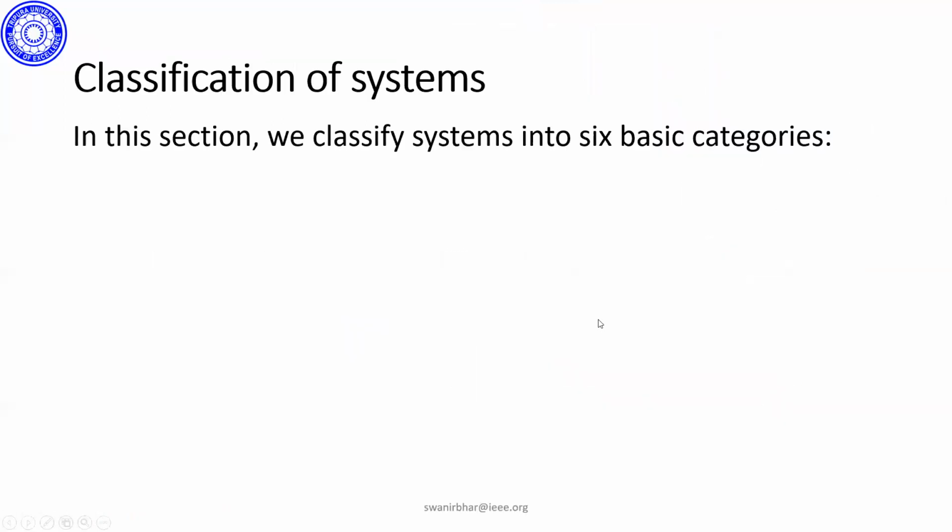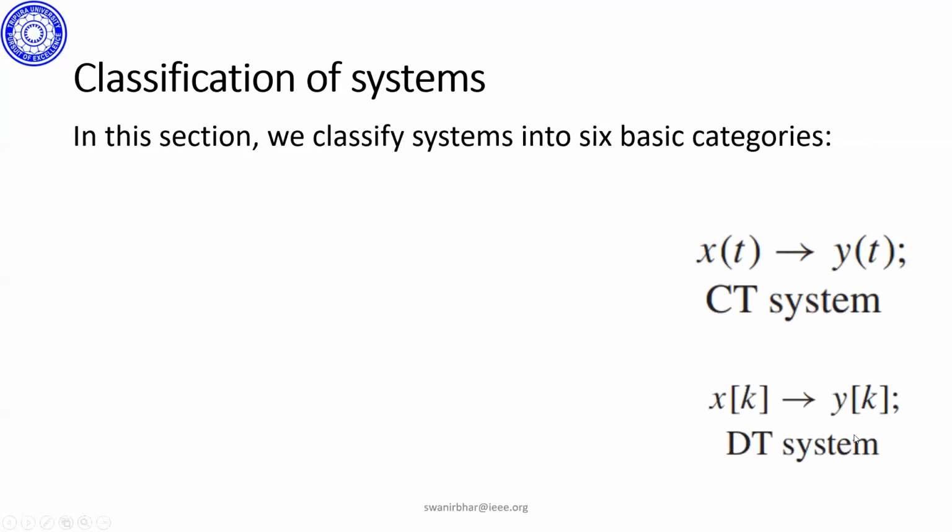Now to classify the systems, there are basically 6 different basic categories. Before that, I'll just show you the systems. One, it may be a continuous time system like we had given the equation earlier, or a discrete time system.